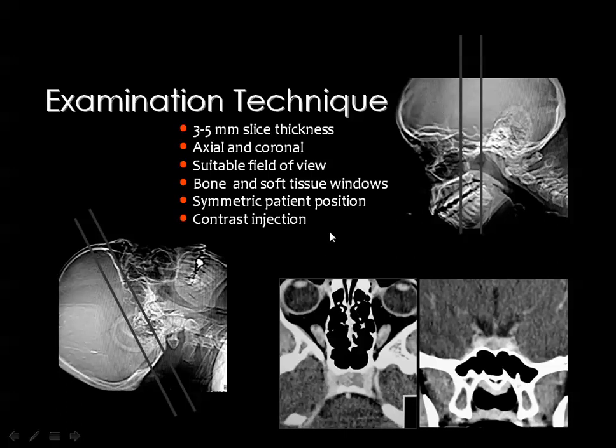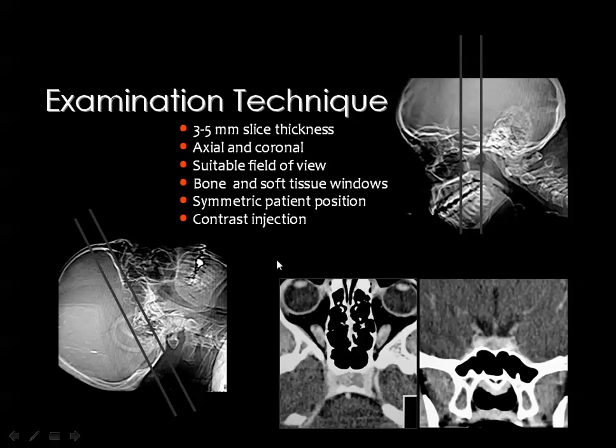And then you should display the images in bone and soft tissue window settings, and you select a suitable field of view in order to show the pituitary fossa and the pituitary region at maximum. Don't miss any of the related structures, and do not include other structures that are not important in the field.